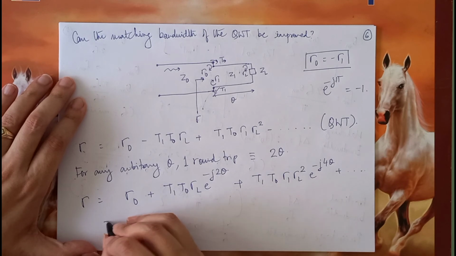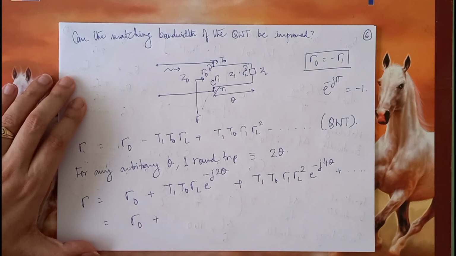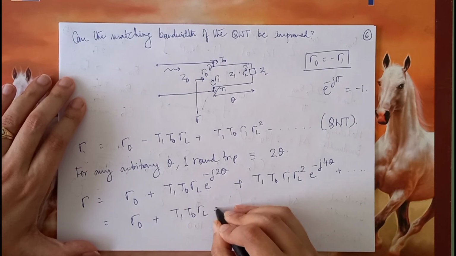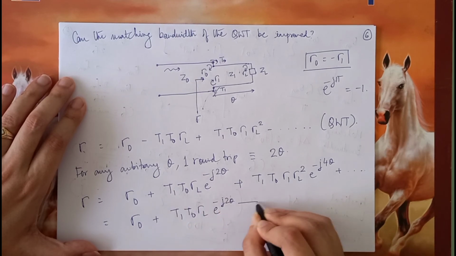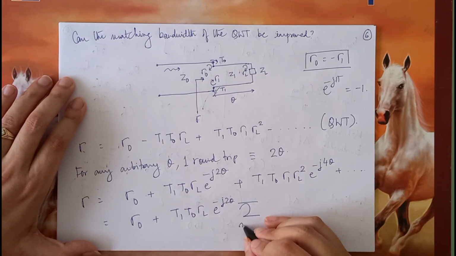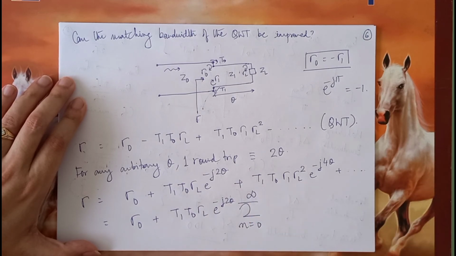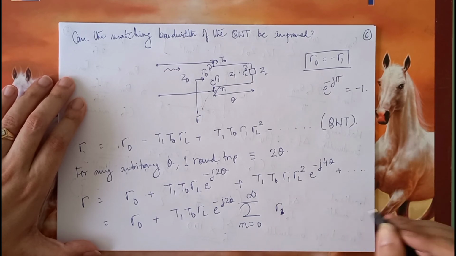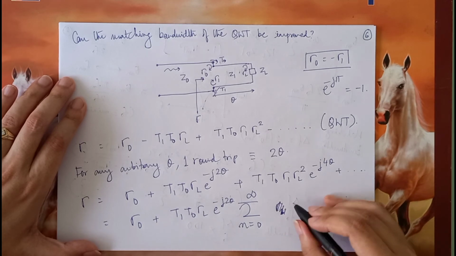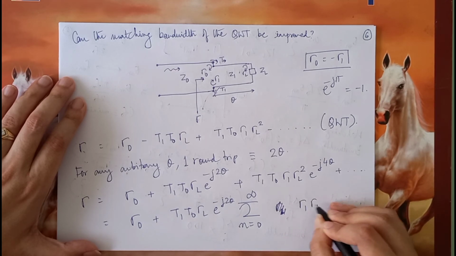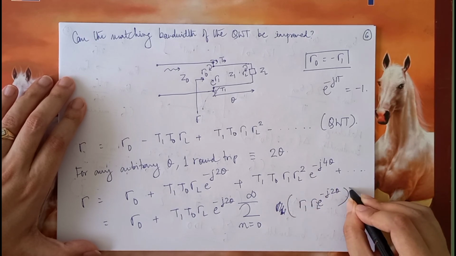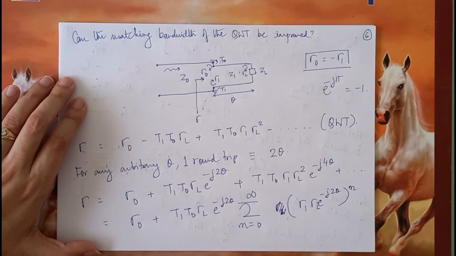So therefore, we can write it this way: gamma 0 plus T1, T0, gamma L e raised to minus j2 theta as common, and the summation will be over n equal to 0 to infinity of gamma 1 gamma L e raised to minus j2 theta, the whole raised to n. This is what it's going to look like.